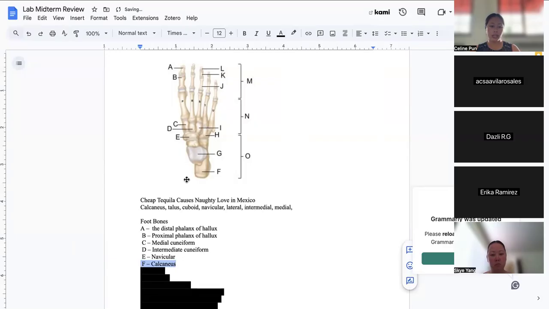And then right where your whole body sits is your G right here, which is the talus. H is your cuboid bone. And then I is, like we talked about, the lateral.